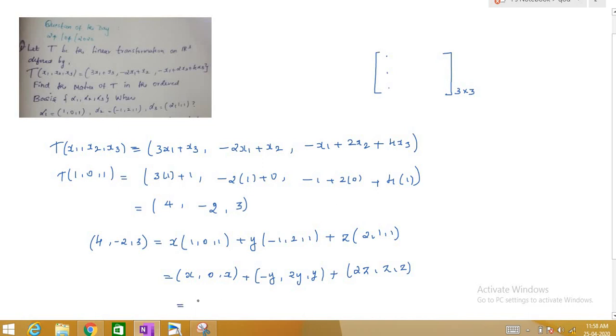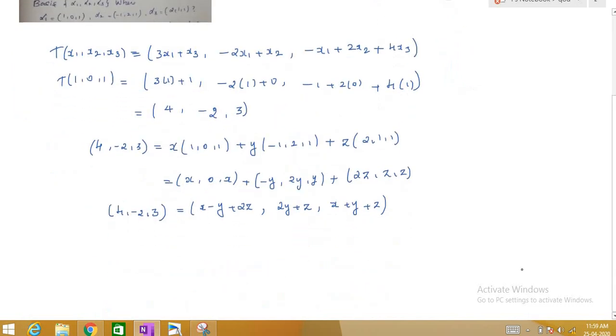When I add component-wise, that is, I add all the first components, the second components and the third components, I'll have x minus y plus 2z as my first coordinate, then the next will be 0 plus 2y plus z, that is 2y plus z, and third, adding the third components, x plus y plus z, and here we will have (4, -2, 3), right? So you can see that x minus y plus 2z is equal to 4, 2y plus z is equal to minus 2, and x plus y plus z is equal to 3.